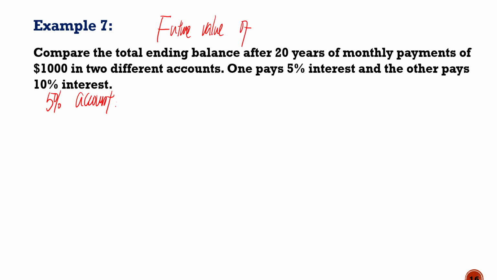It still looks like a retirement account setting, because the ending balance is in 20 years. For the 5% account, the regular payment is $1,000, and 20 is also the same years. The rate is 5%. Now we're looking for the future value of the annuity.